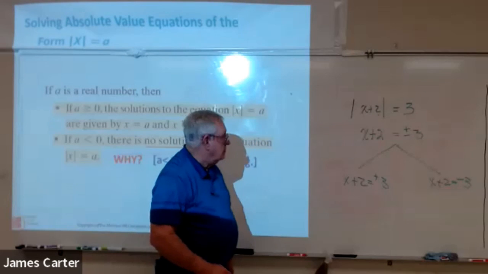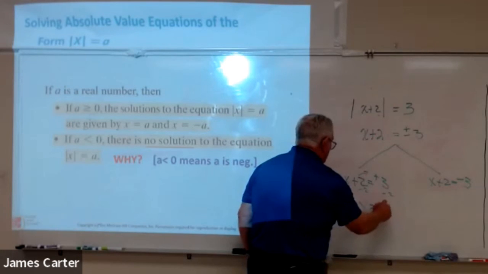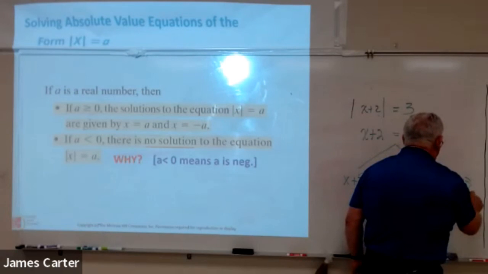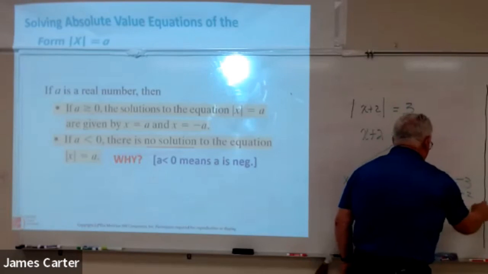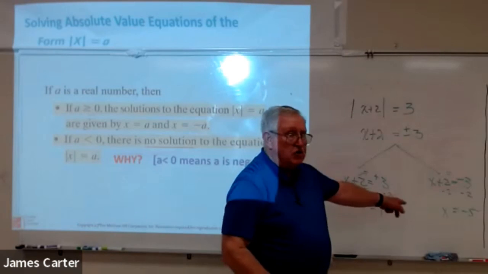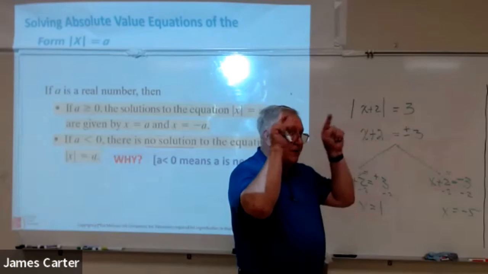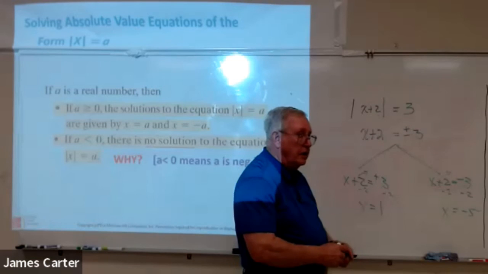Take the 2 over, minus 2 minus 2, x equals 1. Take it over, minus 2 minus 2, x equals negative 5. Now, we can graph those just like we've been doing, except they're just going to be 2 points because there are no inequalities.